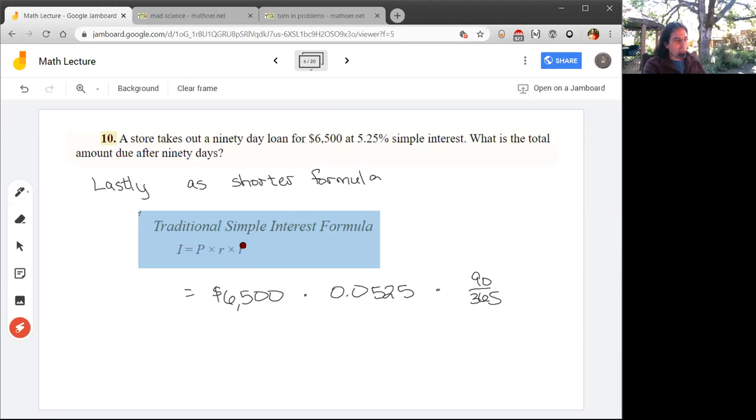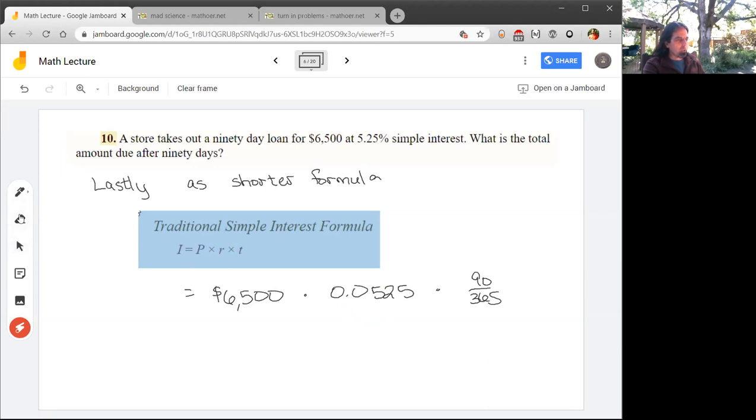It's too much to remember that T actually means years, not time. And somebody's going to put just a 90 here instead of a 90 over 365. Or it's too much to remember that R is the rate needs RIPLOP, and people are going to put a 5.25 here instead of the right decimal or something like that.